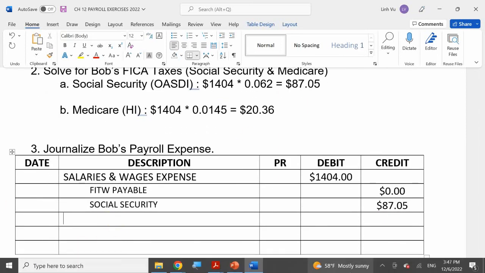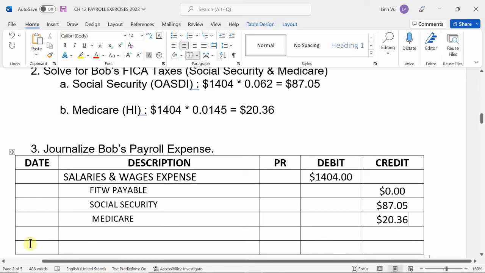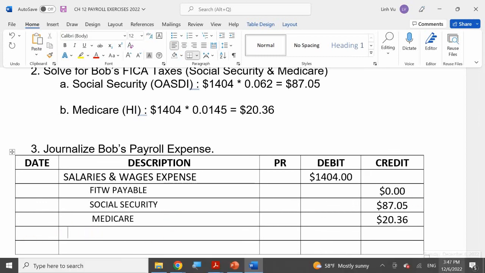And he is also subjected to Medicare, okay, for $20.36.